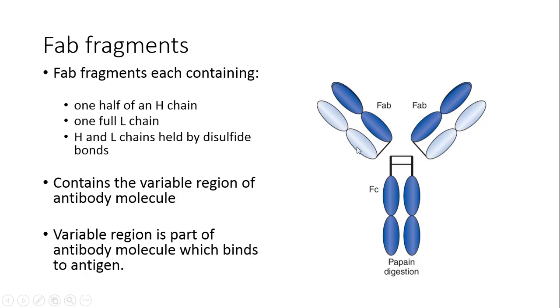So FAB fragments, there are 2 of them, consist of half of the heavy chain. So here's the heavy chain, and here's the other half, right? So we get half of the heavy chain and 1 full light chain in each of these FAB fragments. The heavy and light chains are still held together by disulfide bonds, and this is going to contain that variable region.